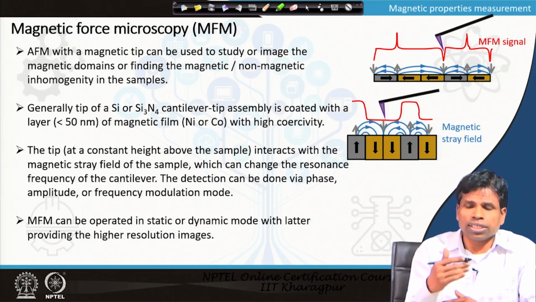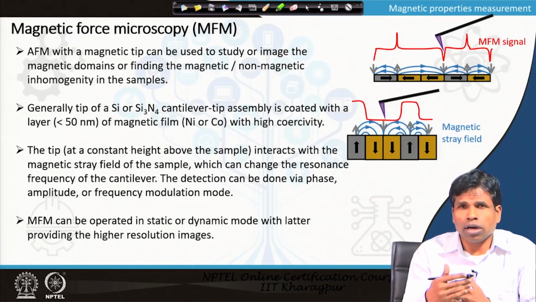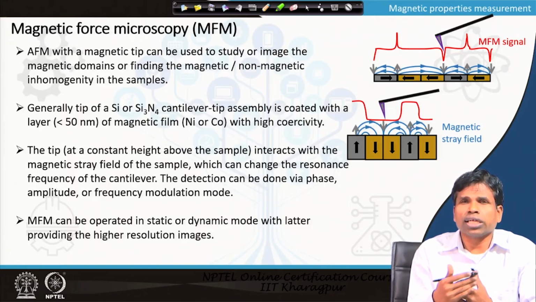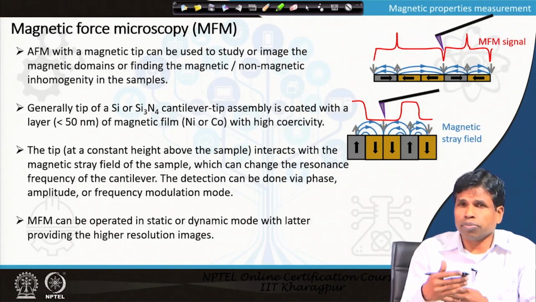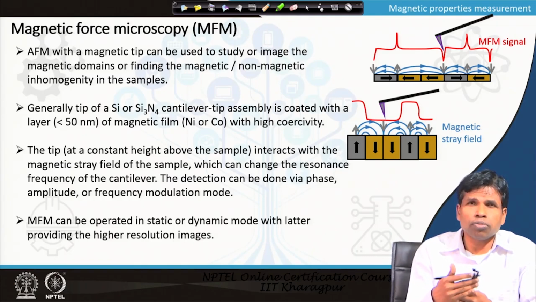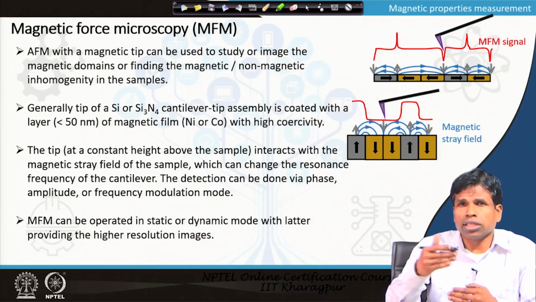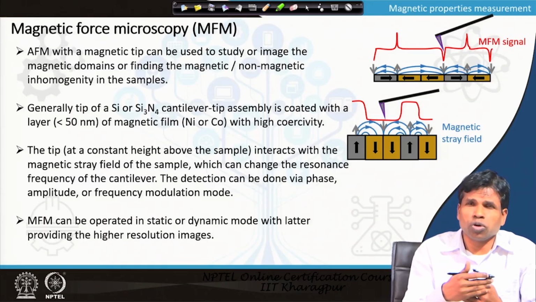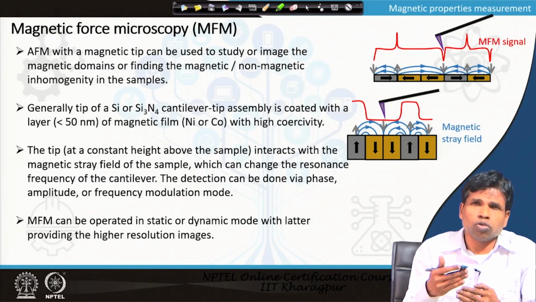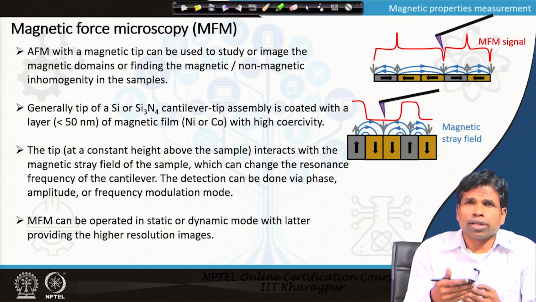Therefore, the tip has to be far away, at least more than 10 nanometer away from the sample surface. If we remember, our contact mode has a gap of less than 0.5 nanometer, in the intermediate contact mode we vary the tip distance in the range of around 0.5 to 2 nanometer, and in non contact mode it is above 2 nanometer, so 2 to 10 nanometer.